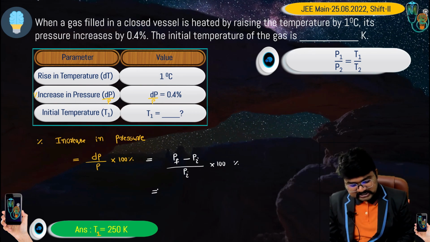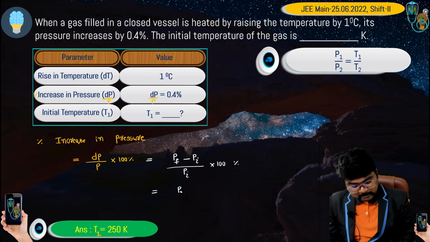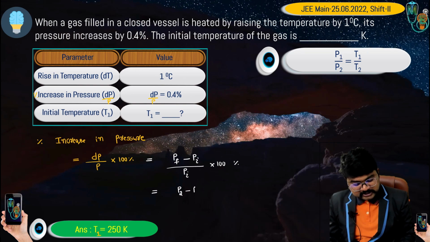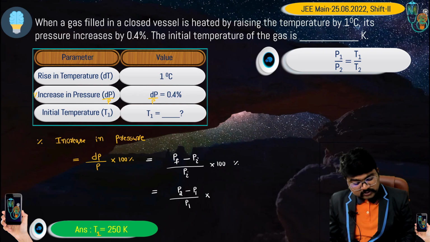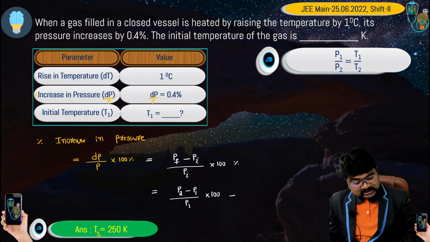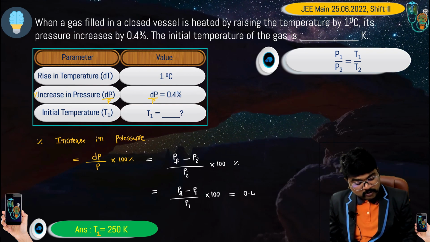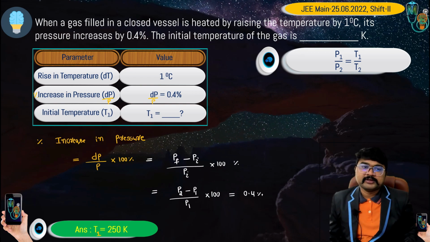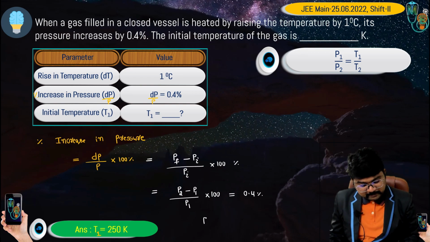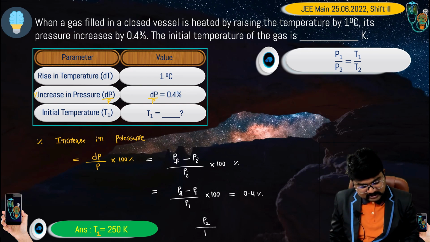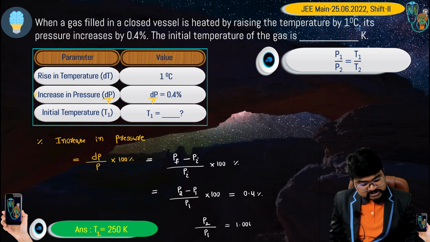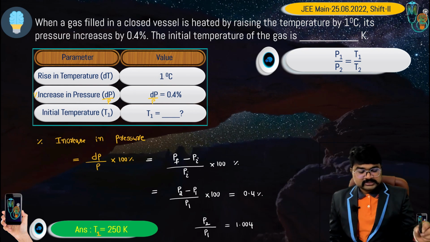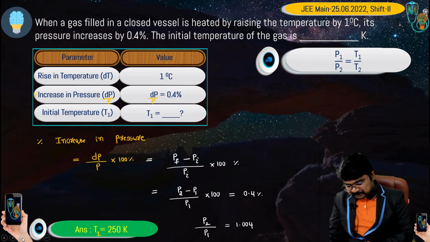So that is why you have written (P2 minus P1) by P1 into 100, then only you will be getting 0.4%. From here you got P2 by P1 equal to 1.004.